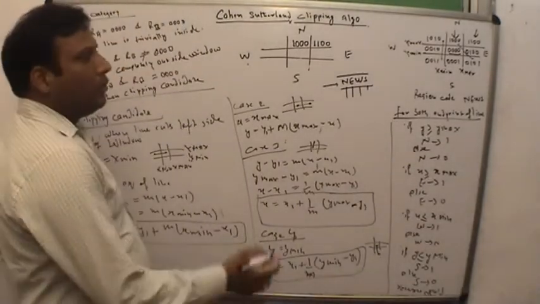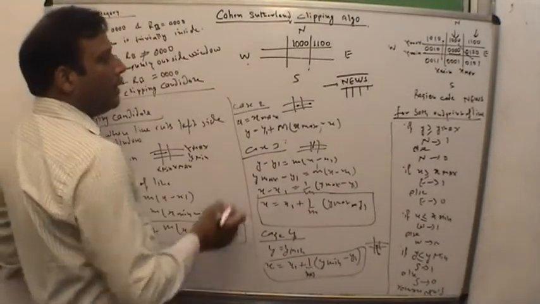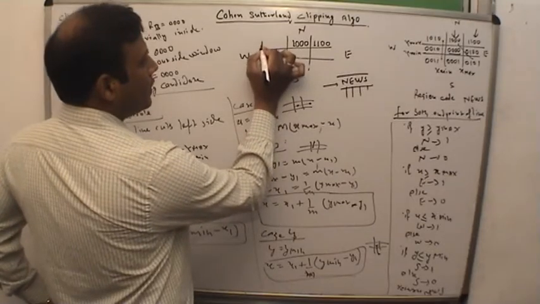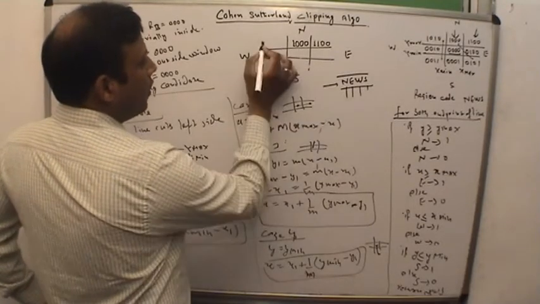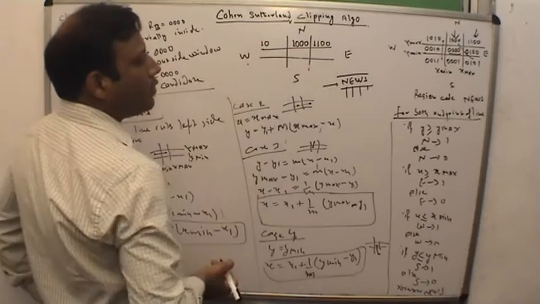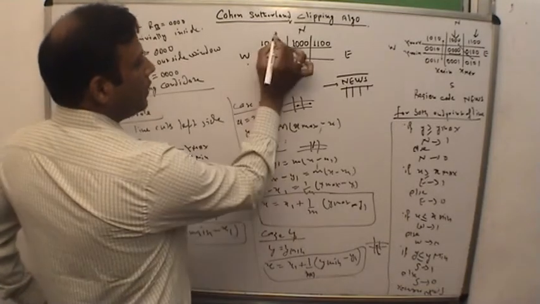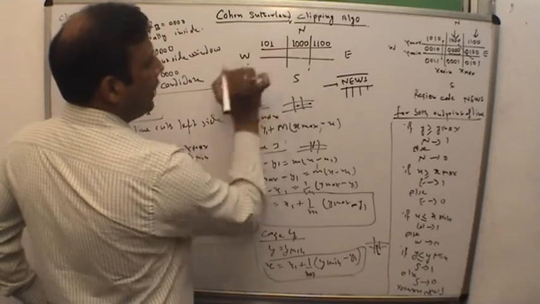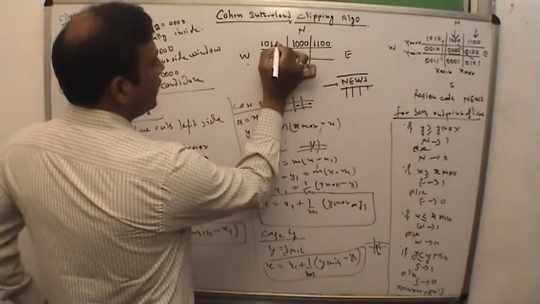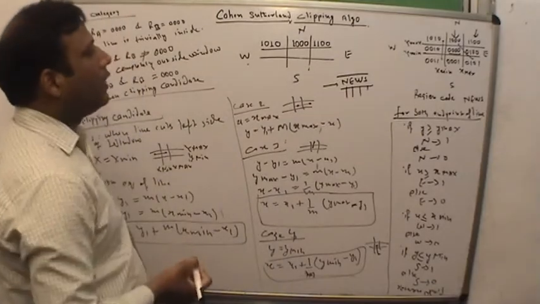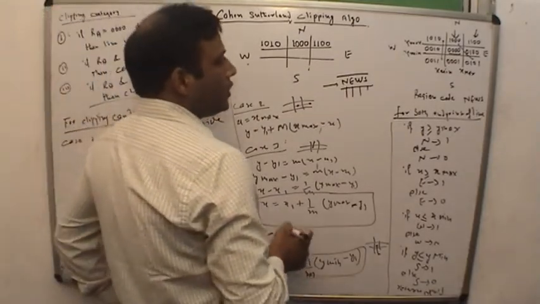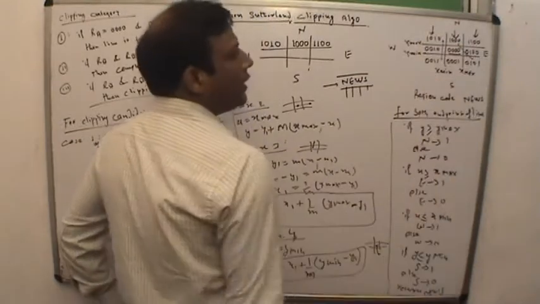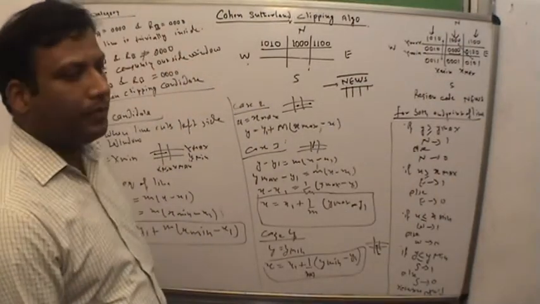Now we set the value in this box. This is north, yes. This is east, no, so we set the value 0. This is west, yes, and this is south, no, so we set the value 0. Now we get the value of this box as 1010.